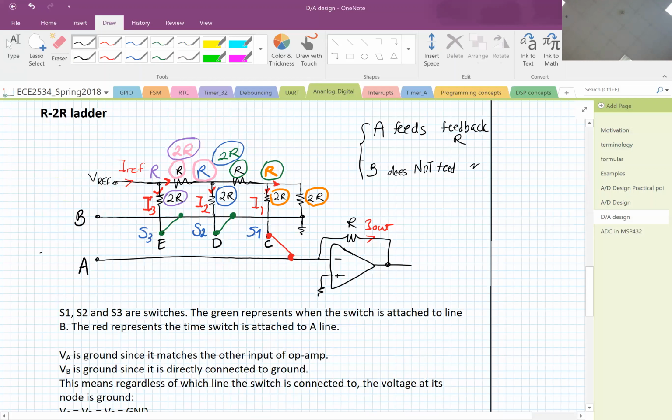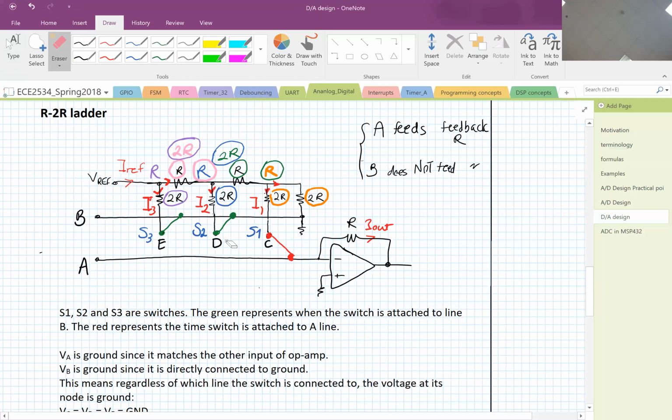So for example, this S1 is now connected to this rail, which means whatever current goes through here will contribute to the feedback resistor.